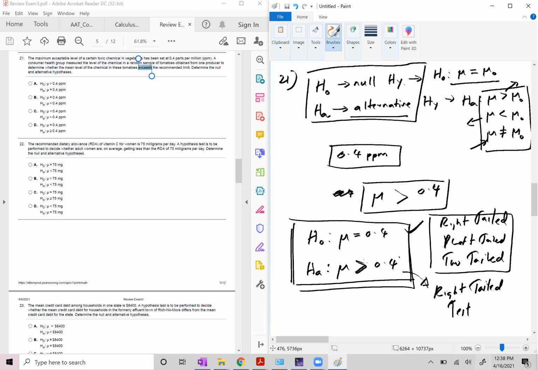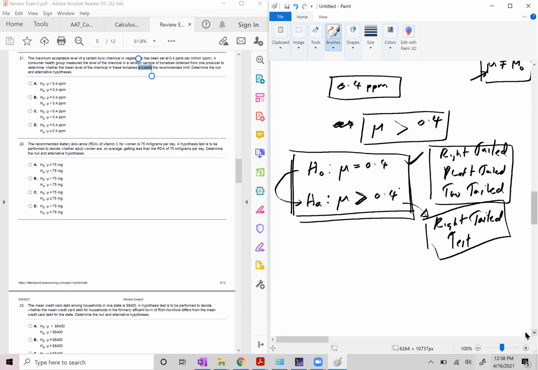Now, here's the meaning. When you are categorizing this as right tail, left tail, or two tail, you're looking at the question like this: when do we reject the null and go to the alternative? What kind of values of, let's say, the sample mean? Now you have some statement about the population mean in the hypothesis.